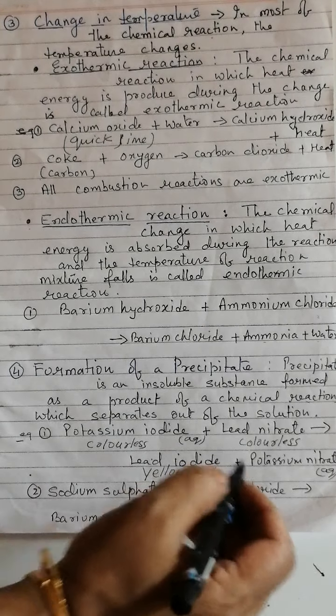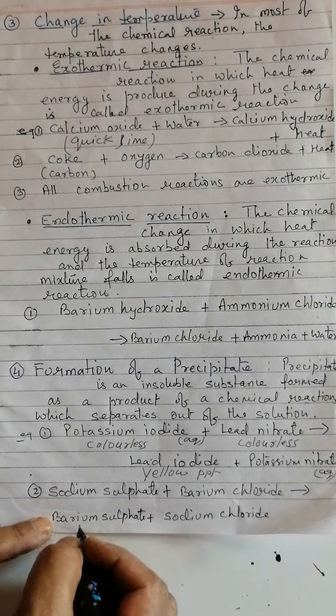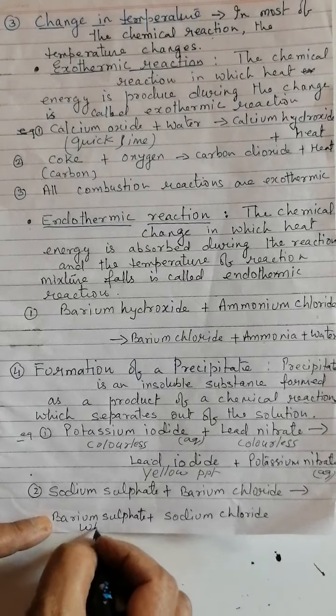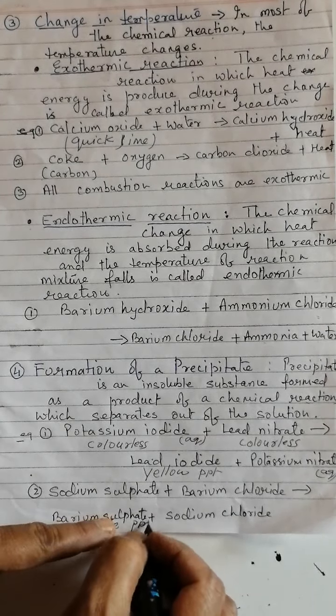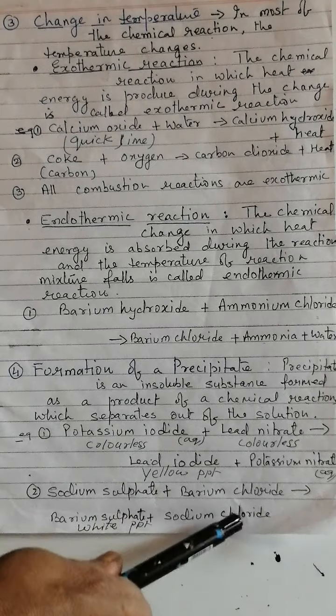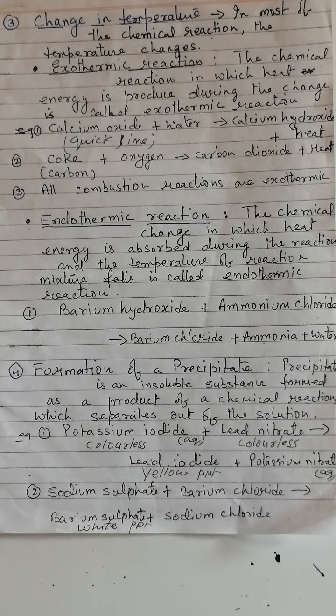On mixing the two solutions, you will get barium sulfate, which comes in the form of a white precipitate, and it will form sodium chloride, which remains in the aqueous solution. So some chemical reactions are linked with the formation of precipitate.